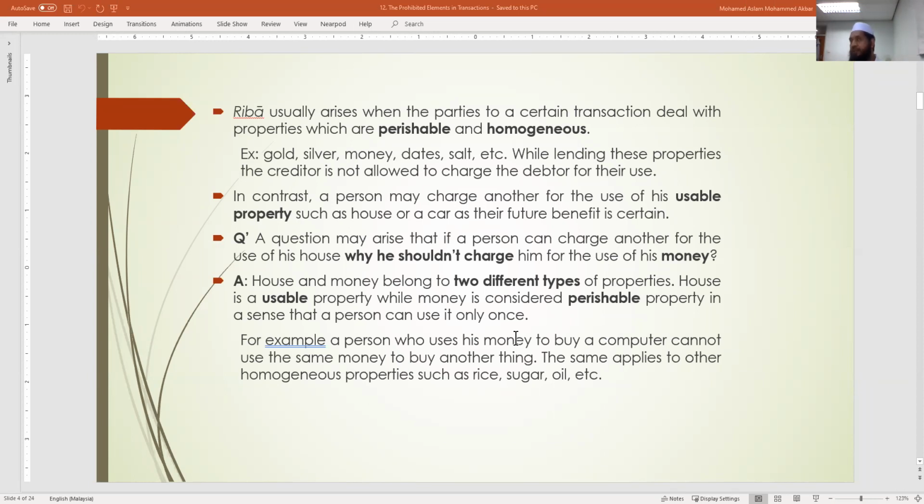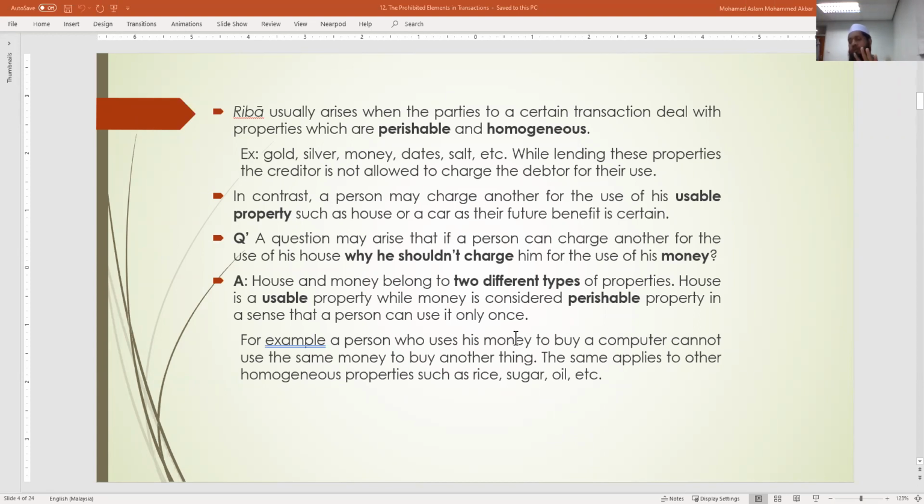The example written here is based on the hadith: gold, silver, money, dates, salt, etc. While lending these properties, the creditor is not allowed to charge the debtor for their use. In contrast, a person may charge another for the use of his usable properties, such as a house or car, as their future beneficiaries. So this is the basic idea of riba.